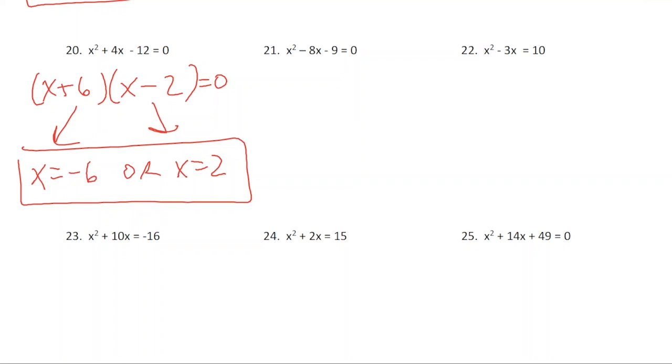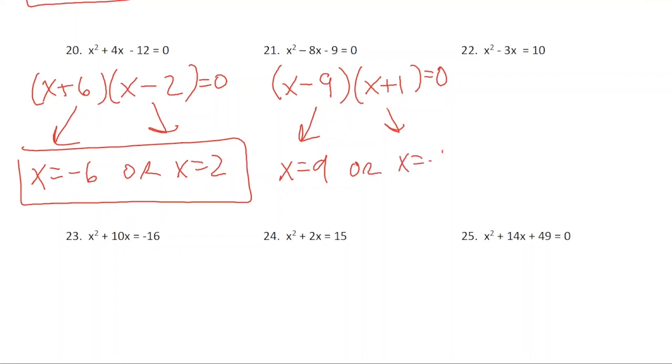Number 21, the two numbers that multiply to give me negative 9 and add up to negative 8 would be negative 9 and 1. So my two solutions here would be x equals 9, x equals negative 1.